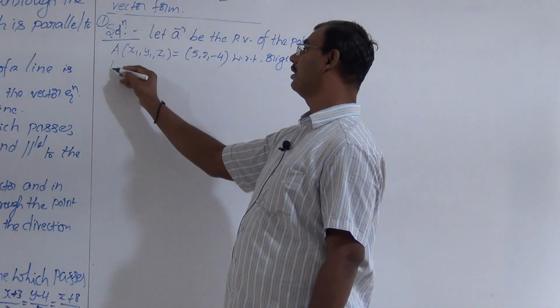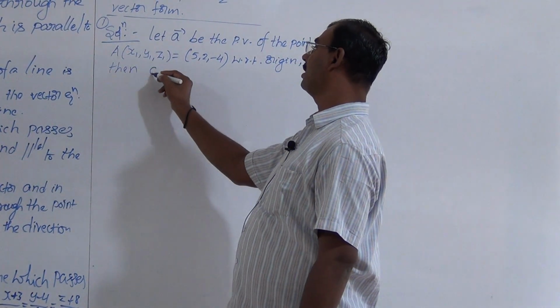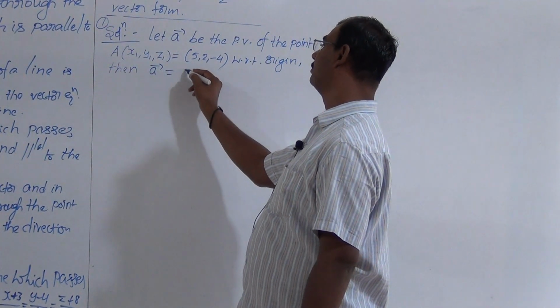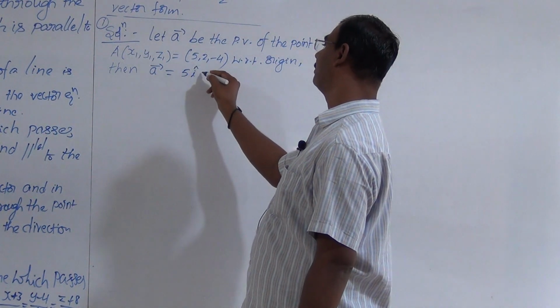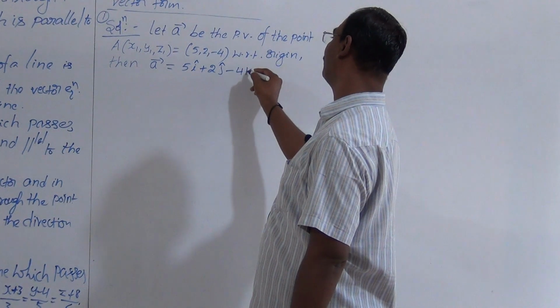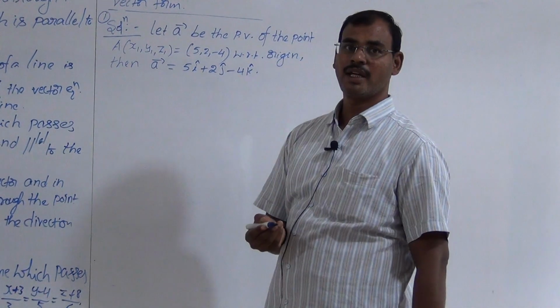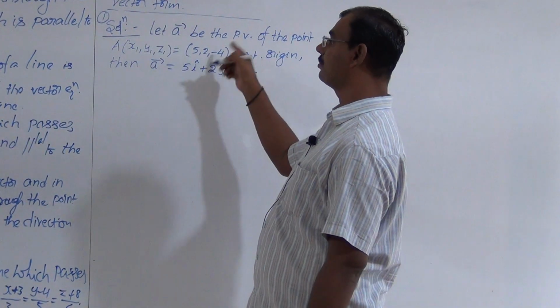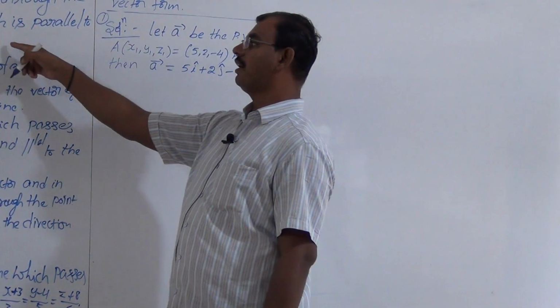Then a bar is equal to, in vector form, 5 i cap plus 2 j cap minus 4 k cap. Okay, in vector form, the point is written. Next, the parallel vector is given.